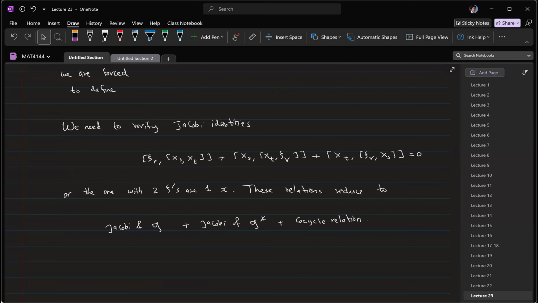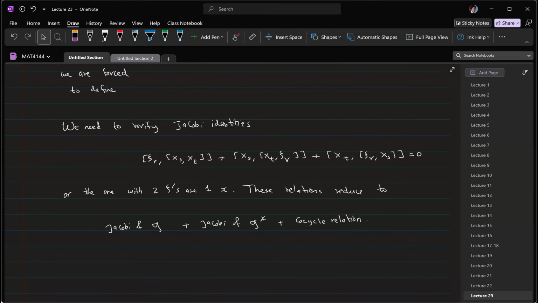But G and G star were also Lie bialgebras. So now the question is, is it possible that they are in fact subalgebras of a Lie bialgebra structure on G plus G star? And even this is also true.